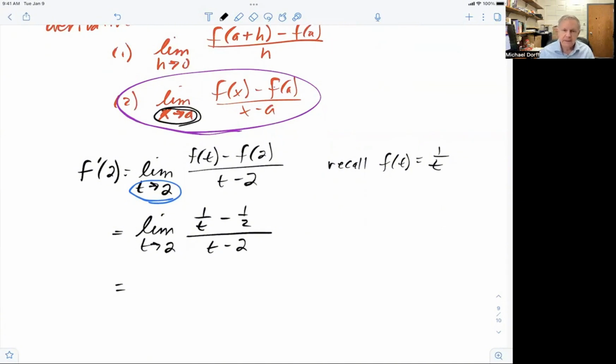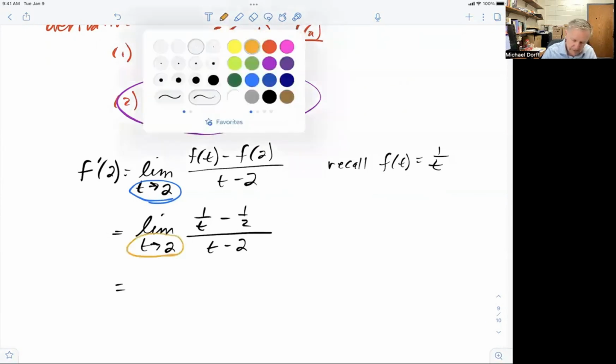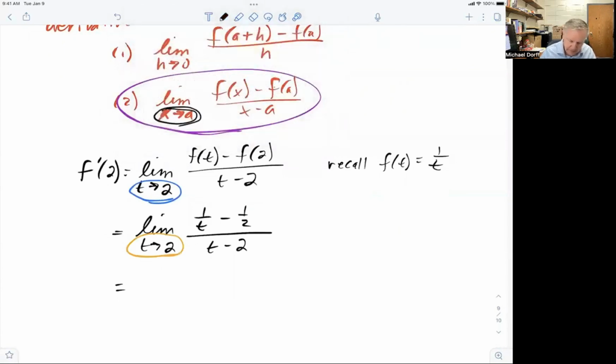So that means you have to manipulate this some way so that you can cancel out a t minus 2 on the top and a t minus 2 on the bottom. We know it's going to be a t minus 2 because we have t approaching 2 there. All right, so how do I manipulate that to get that t minus 2?